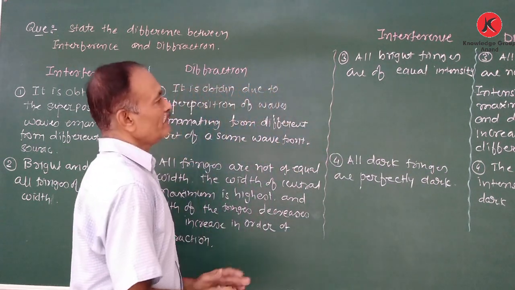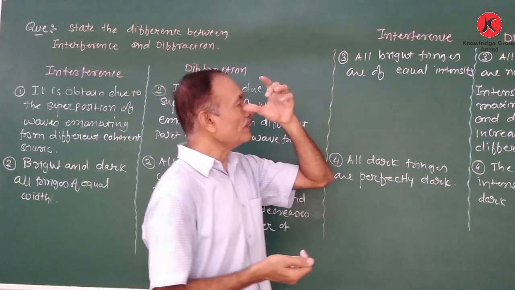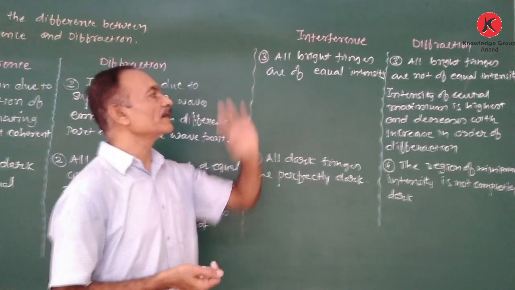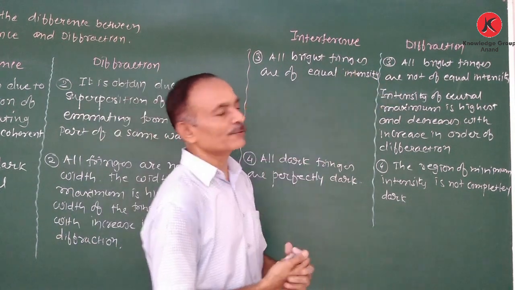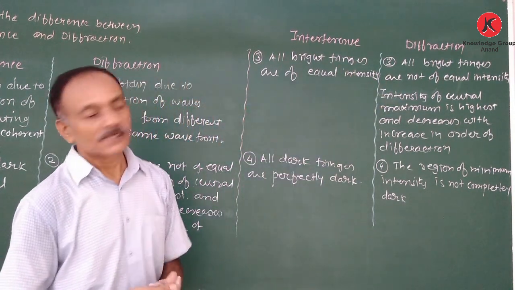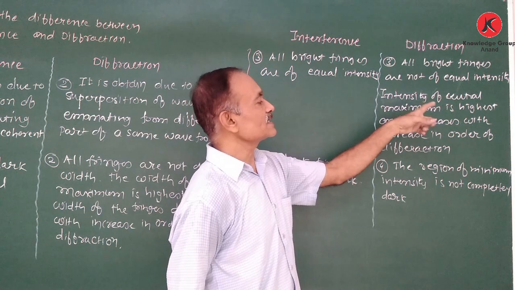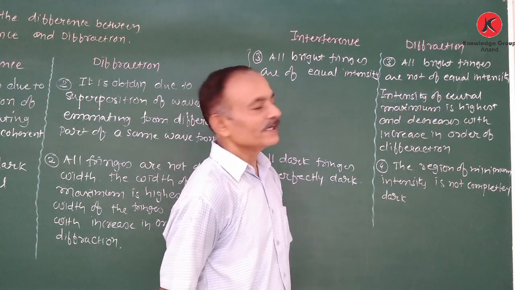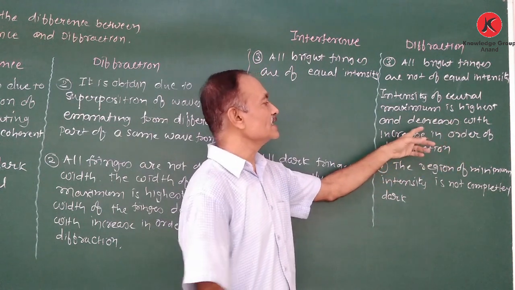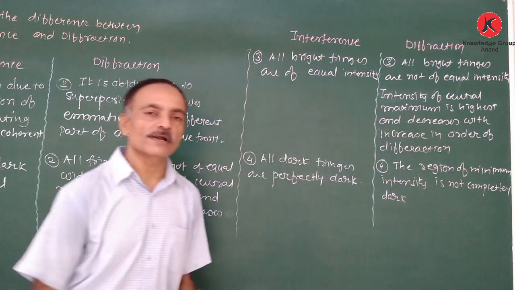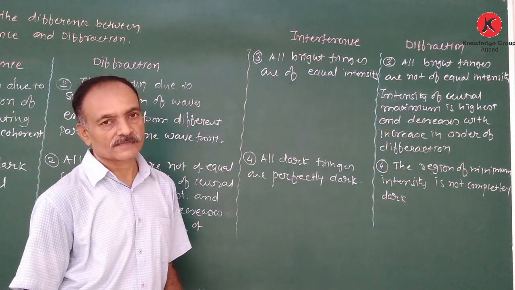Now next, in the same way about the intensity. All bright fringes are of equal intensity. While here, all bright fringes are not of equal intensity. The intensity of the central maxima is highest and the intensity of the other fringes decreases with increase in order of diffraction.